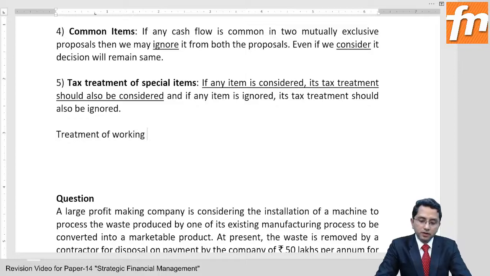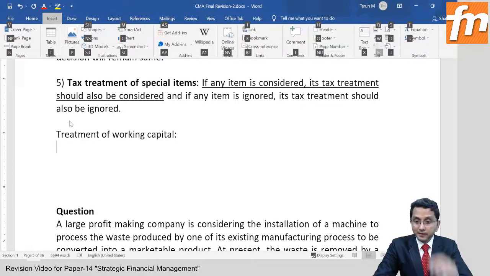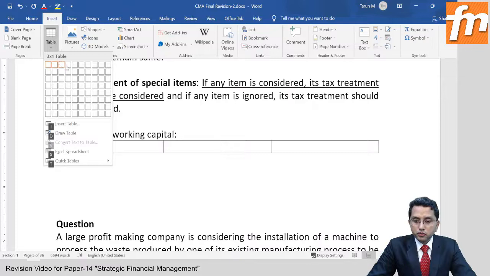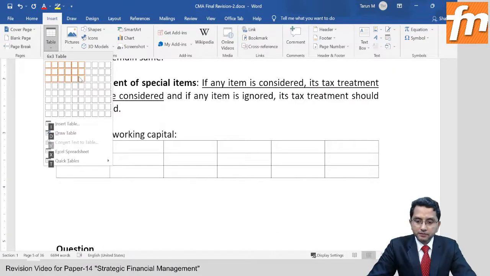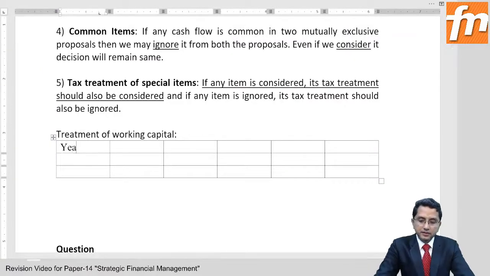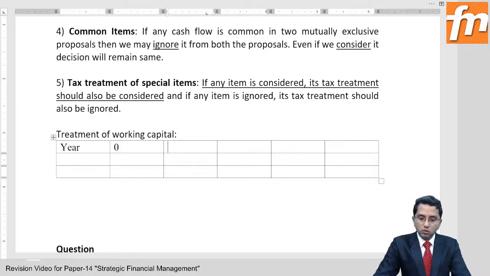Treatment of working capital. So I'll say here that's 1, 2, 3, 4, 5 years time period. Let's take. And I say here year, then 0, 1, 2, 3, 4.